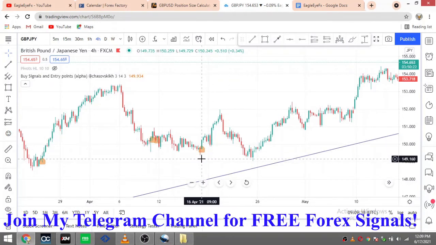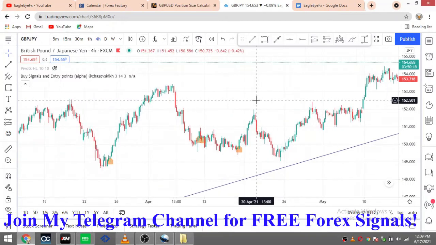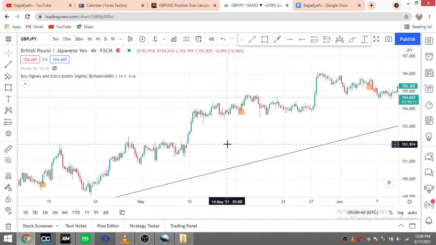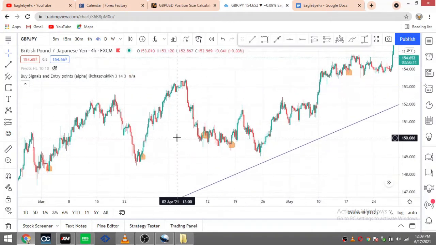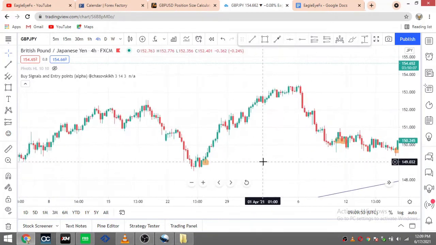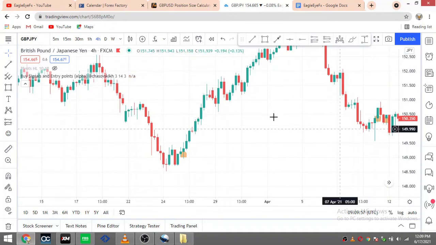Then we are going to put our stop loss just below here, and then we are going to target 3 times. What I mean is this. For example, here, let me use this one. You can target more, but I think targeting 3 times is better. Remember, risk management is everything in forex.